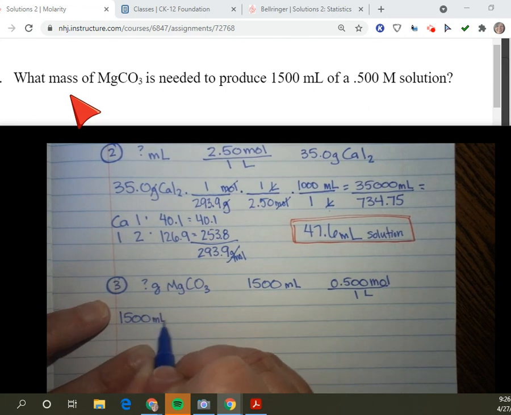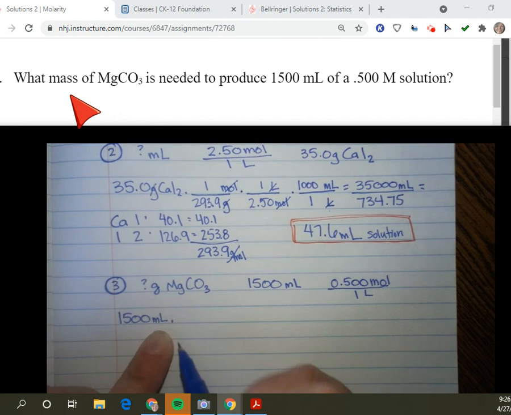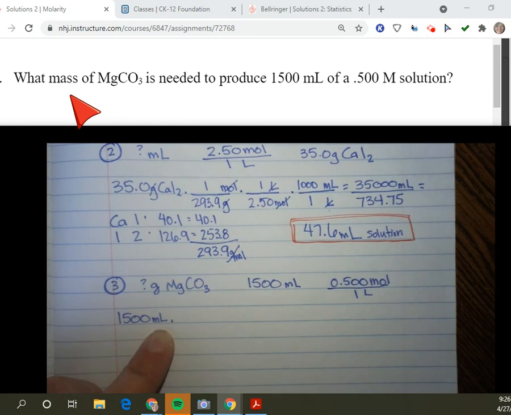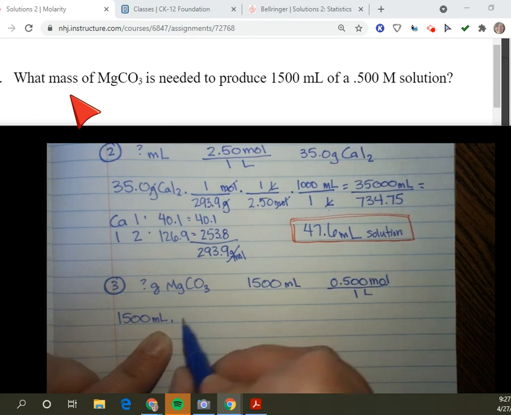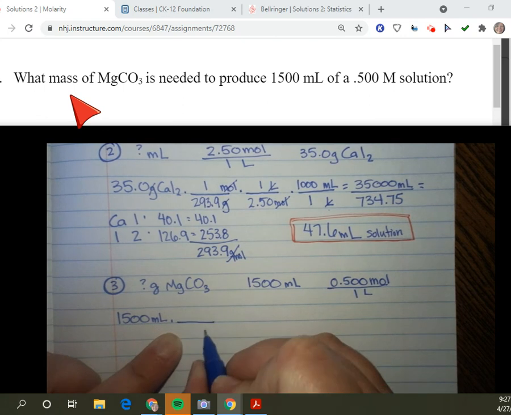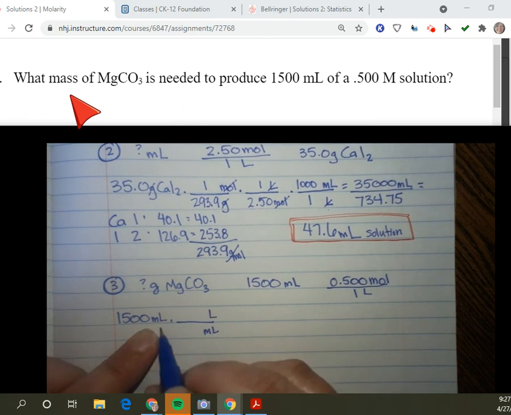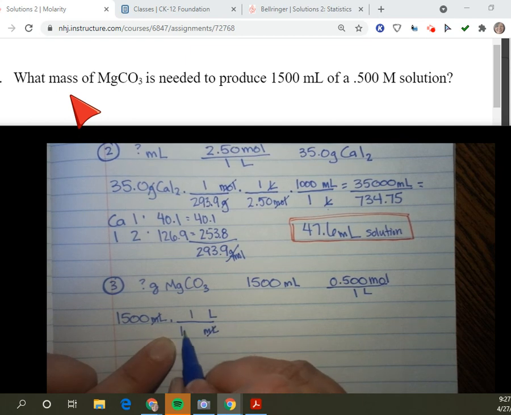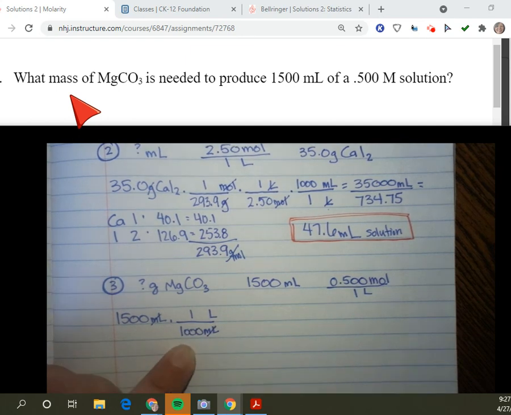1,500 milliliters. What's the first conversion that we have to make? What unit do we have to use to get to? Liters, right. So we have to convert milliliters to liters. So milliliters on the top, milliliters on the bottom. 1 liter is 1,000 milliliters.